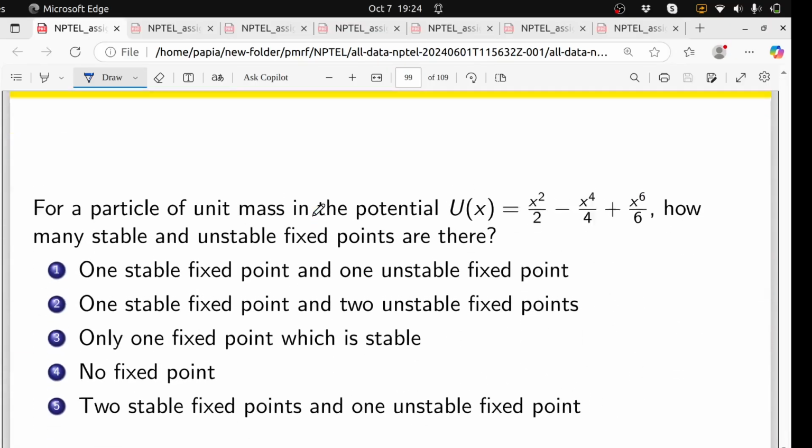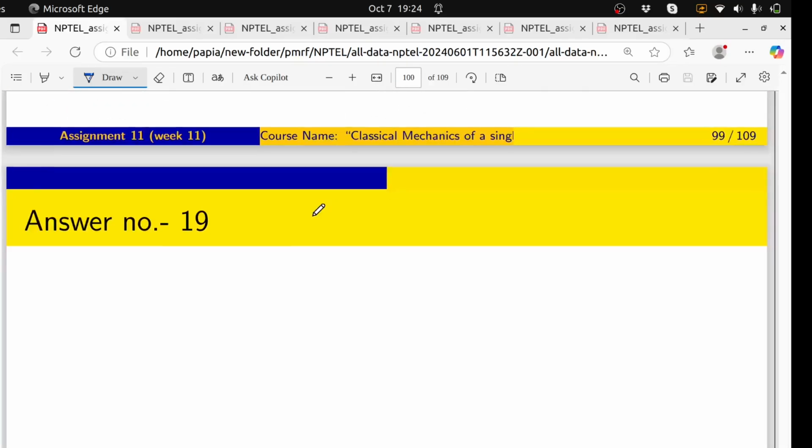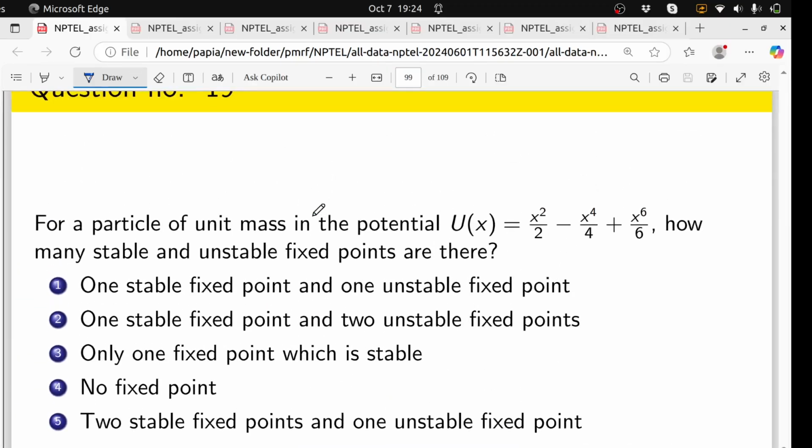Now coming to the next question. Question number 19. For a particle of unit mass in the potential U(x), how many stable and unstable fixed points are there? Okay, very good. So stable and unstable, that will be the case for real x values, okay?